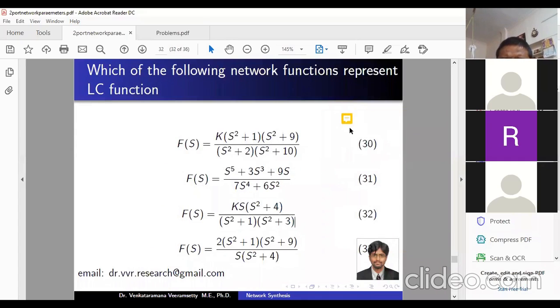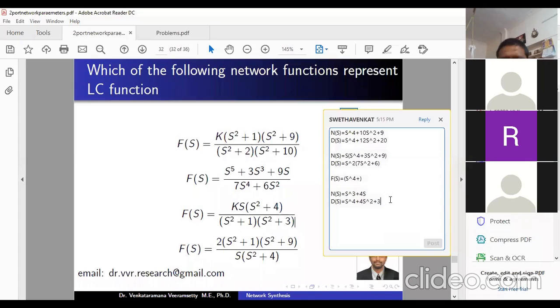Next, now try to calculate the zeros and poles of the given network function. So what are the zeros? Zeros means roots of the numerator. The roots of the numerator are 0, and s square plus 4 equal to 0, s square equal to minus 4, so s equal to plus or minus j2. So plus j2 and minus j2, those are the zeros.